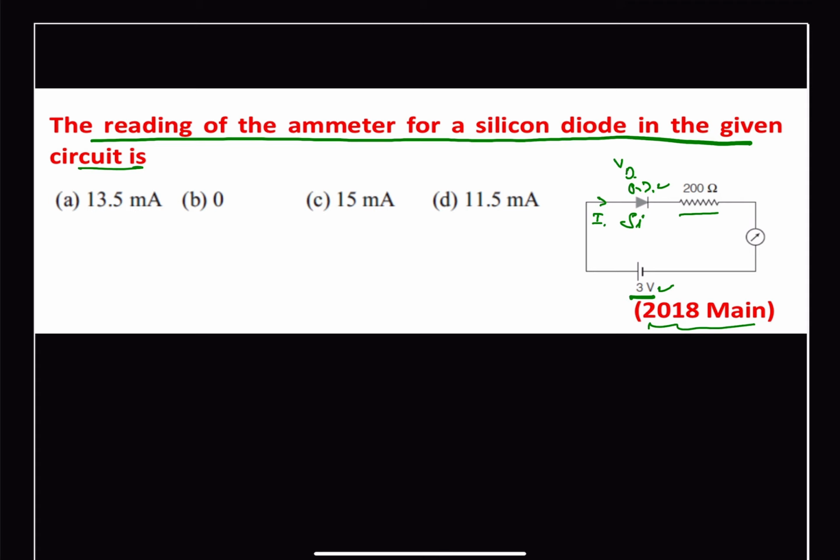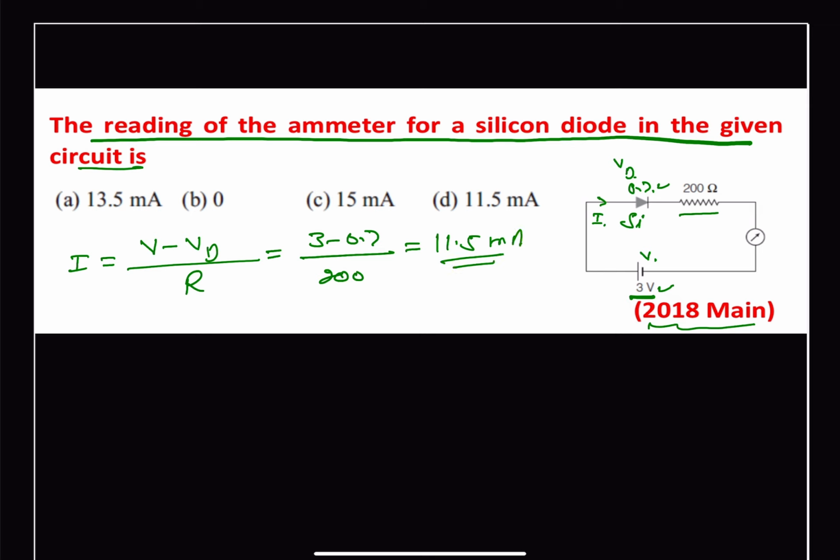Or we can write this as V. So we can say current I will be equal to V minus V diode divided by total resistance R. This will be equal to 3 minus 0.7 divided by 200 ohm, giving us 11.5 milliampere. Option D is correct.